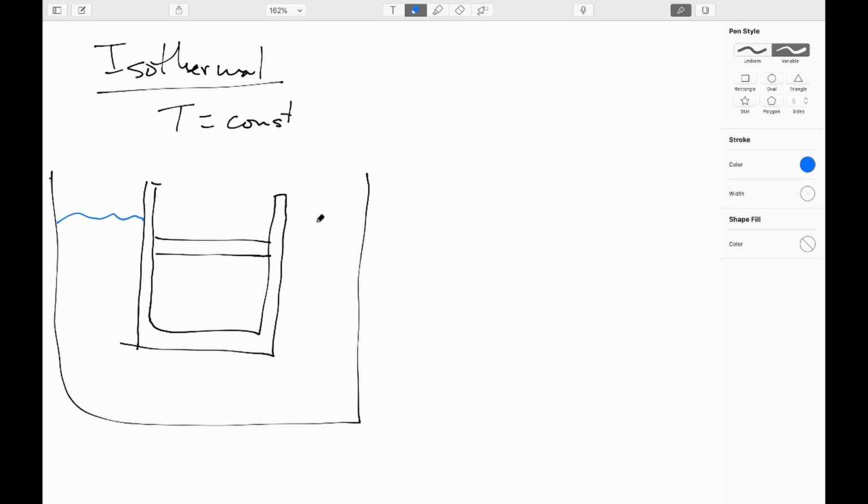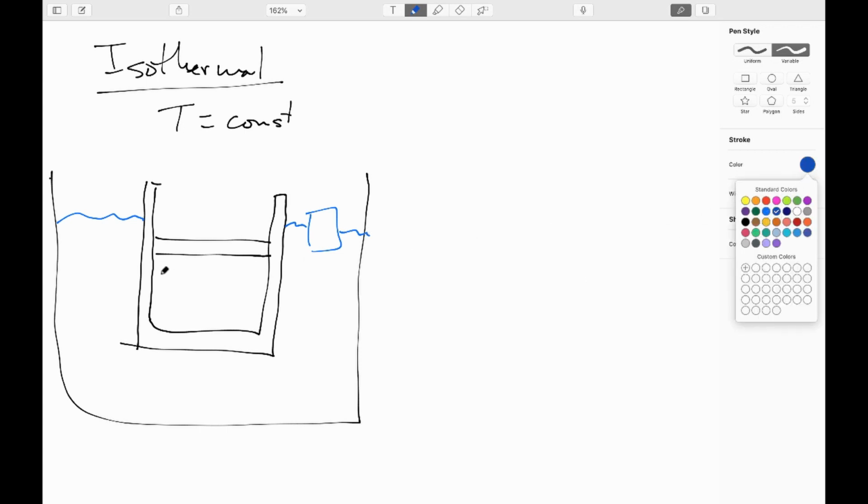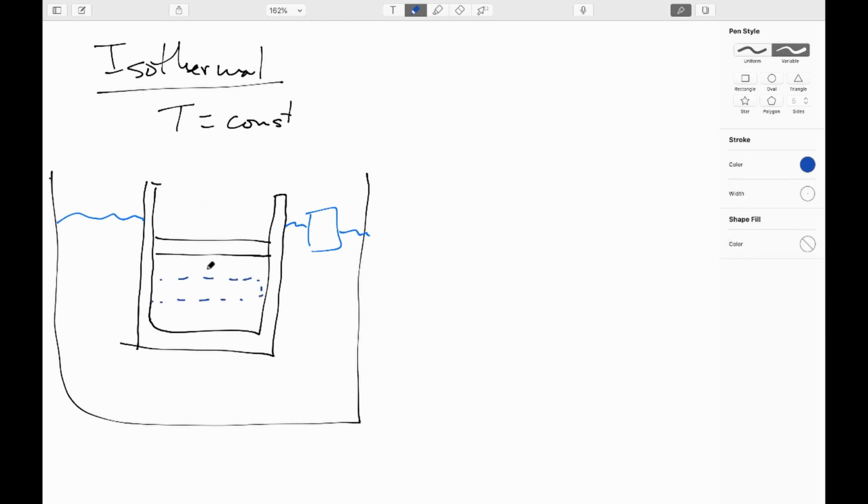So here's some ice, some water, and then we've got some ice cubes that are floating in it to ensure a constant temperature, as an example. If you were to push down on this, the volume would decrease, and for you to push down on it, you'd have to have done work, so you would have increased the average thermal energy of the particles, so the pressure would increase.